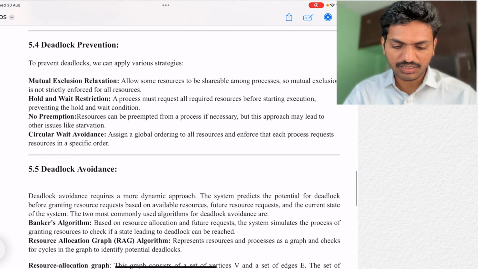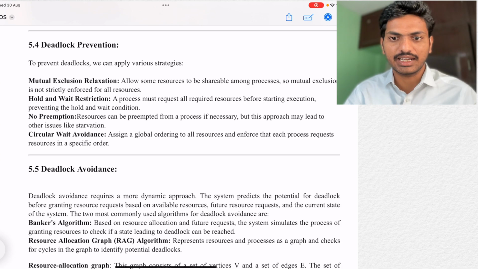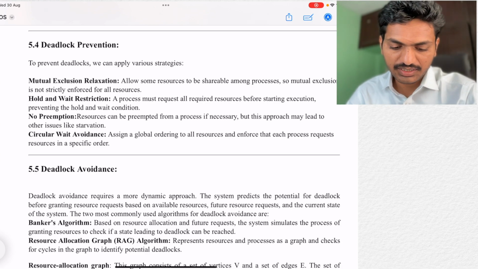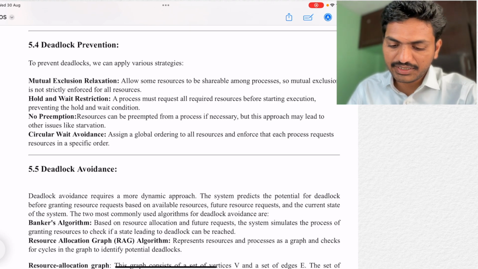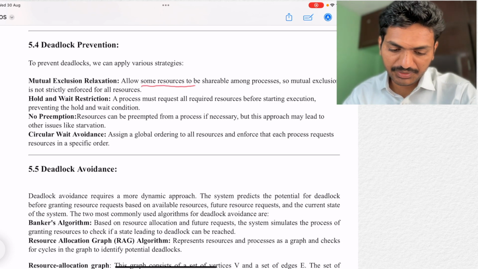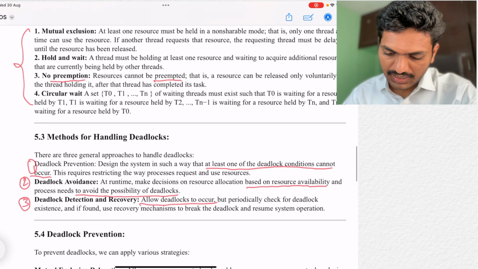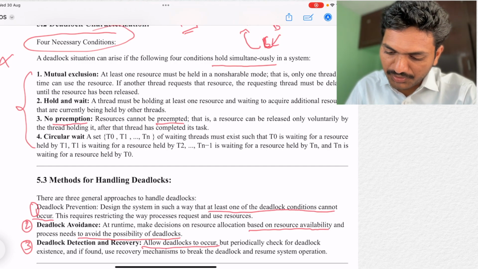So deadlock prevention. How do you prevent the deadlock? Here, first condition, you make some resources shareable. In the previous four conditions, all are non-shareable mode.